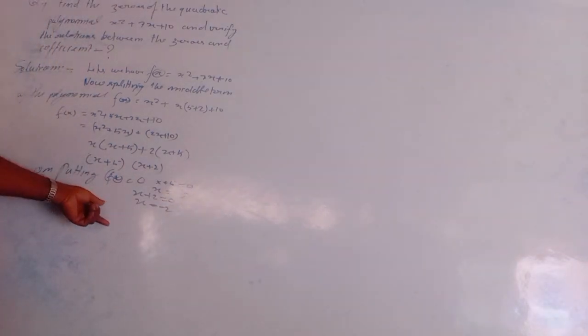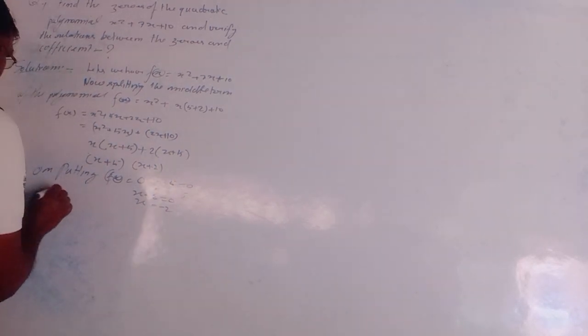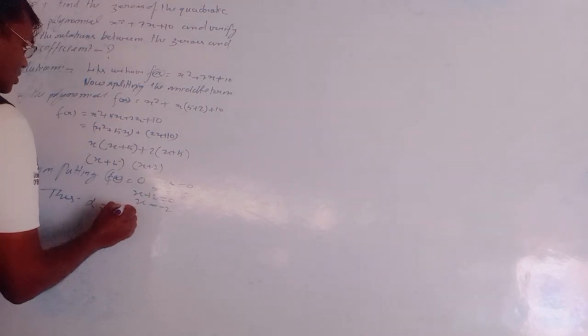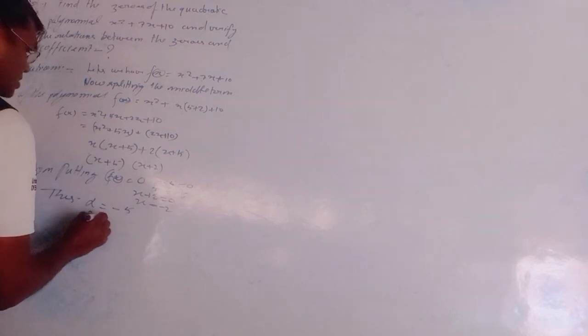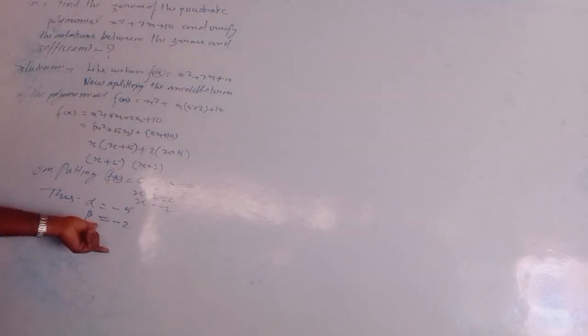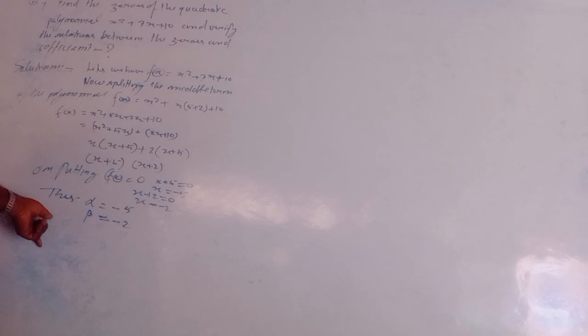So here we have found the values of x for the given polynomial. Thus we can say that alpha is equal to minus 5 and beta is equal to minus 2. Here we have found alpha and beta.